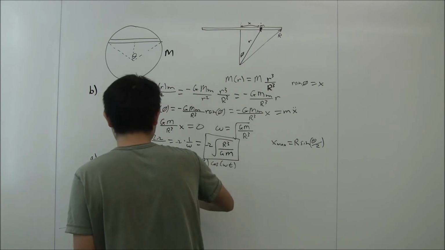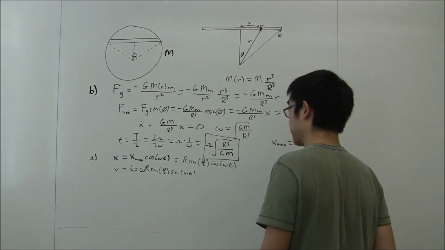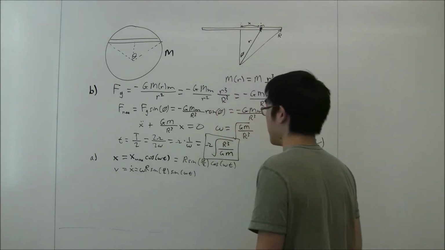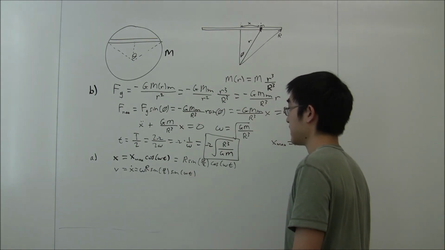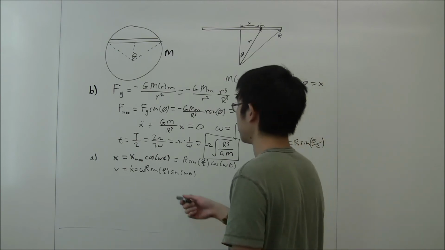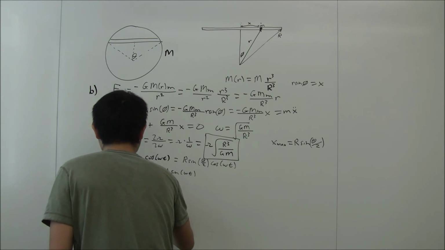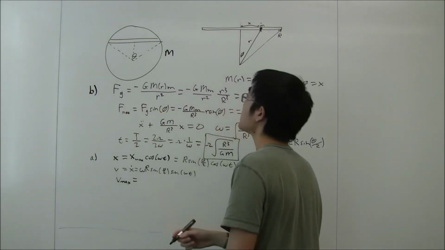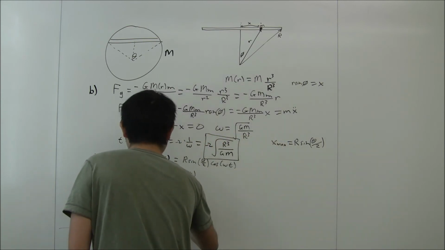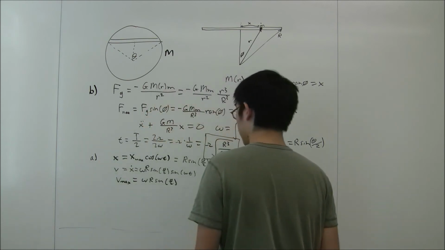Sorry, there should be a factor of omega due to the chain rule. Alright. So now note that sine of omega t falls between -1 and 1, which means that the maximum value, so this is the maximum speed of the astronaut, is going to be equal to omega r times sine of theta over 2.